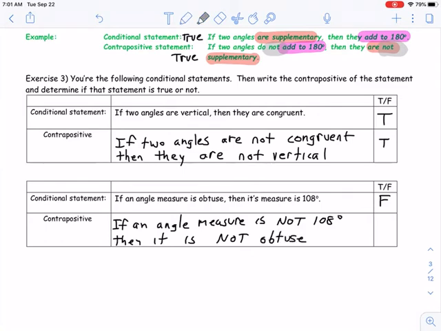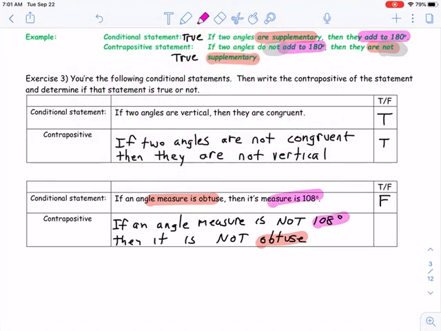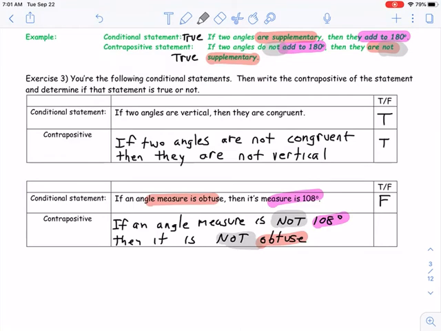Something I forgot to do above, but anyways, we take the obtuse, go in the back, take the 108, goes in the front, not. So we swapped the order, we negated it, we did a bunch of work. This is also false.